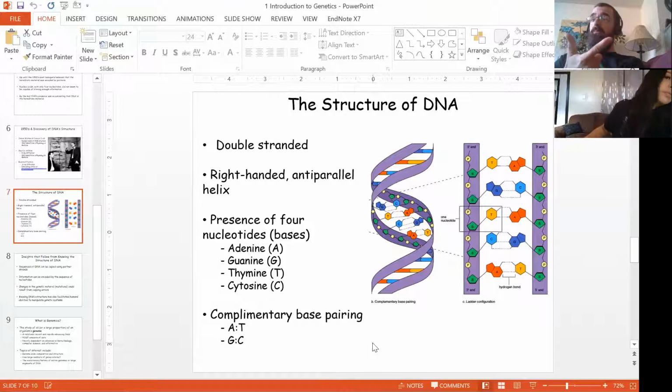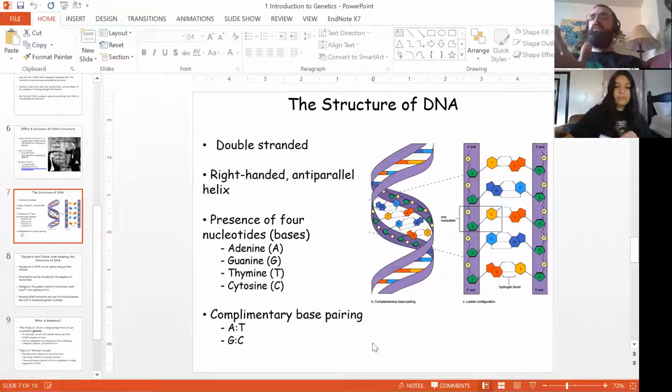So mRNA has direction. And because mRNA has direction, proteins also have direction, right? So they are not, you can look at polysaccharides, right? Starch, glycogen, what's the other one? Cellulose, right? They do not have a direction, right?